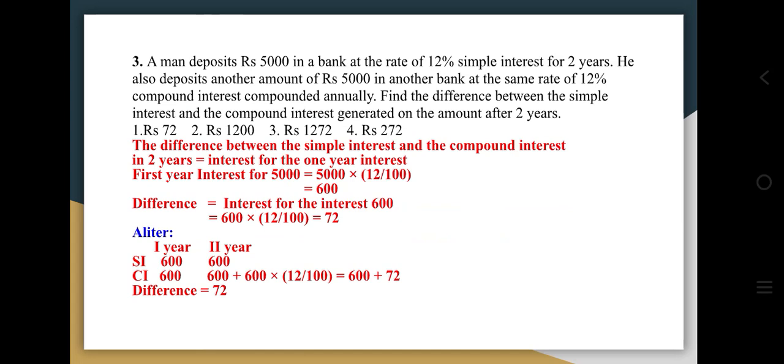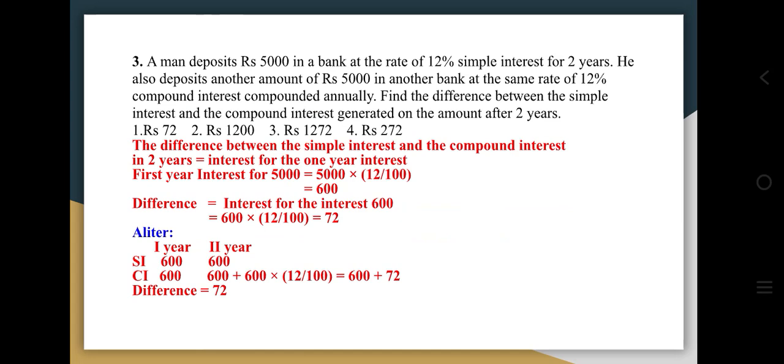So the first year simple interest is 600. What is the second year? Second year interest also the same, 600. So first year simple interest is same as second year simple interest. So first year 600, second year is also 600.